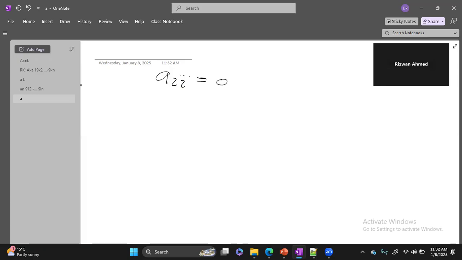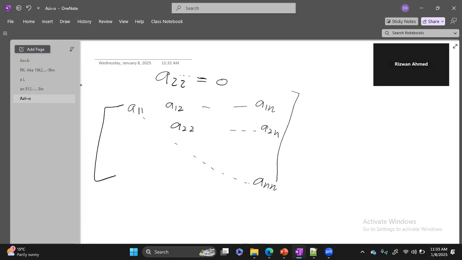And ultimately, it will bring our system to a simple system, which if I write in simple form, it is A11, A12 up to A1n, right? Then A22 up to A2n and so on. And this is going to be an upper triangular matrix where you have non-zero entries on the principal diagonal.